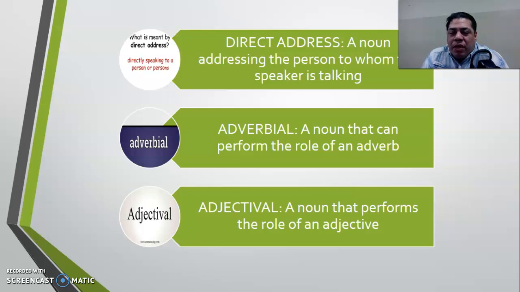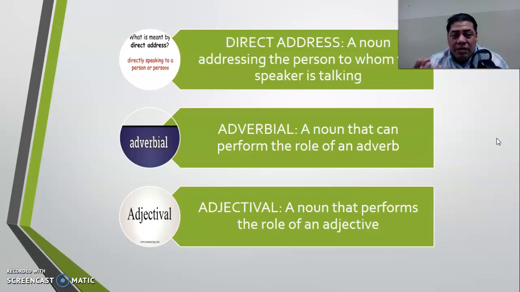Now, if you check the presentation, you'll see that the first thing that appears is direct address. And when we think about address, what we think about is the place where you live, or how to find a place, you need the address. And that's a valid concept of address. But address as a verb also has a different meaning.